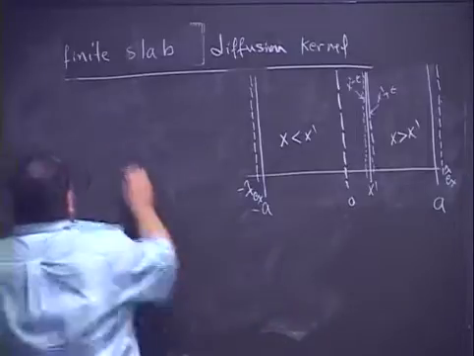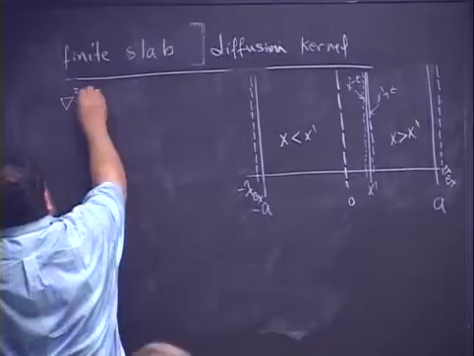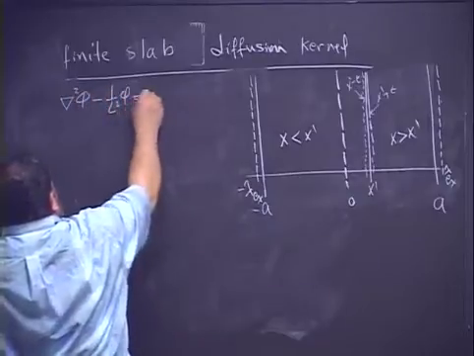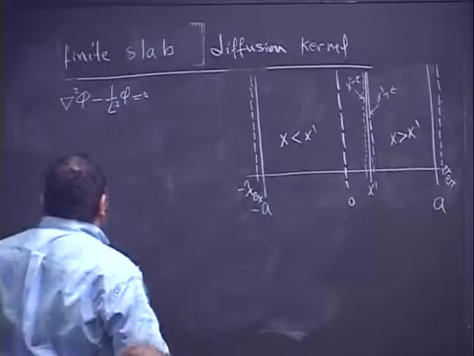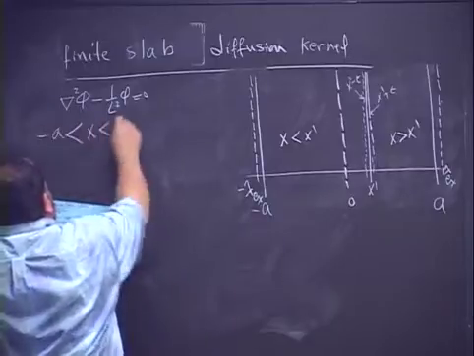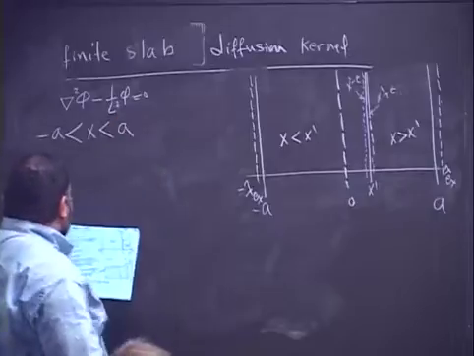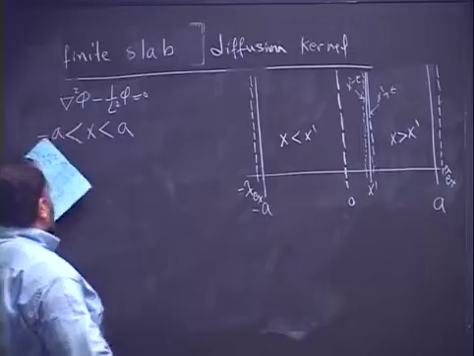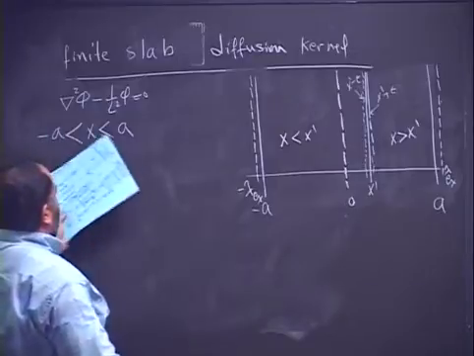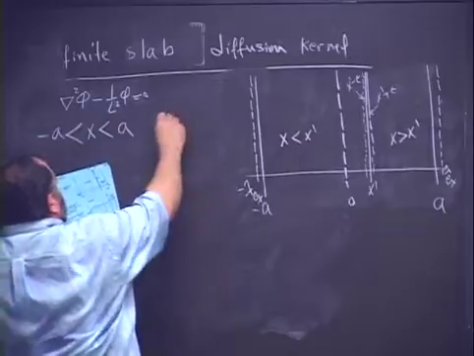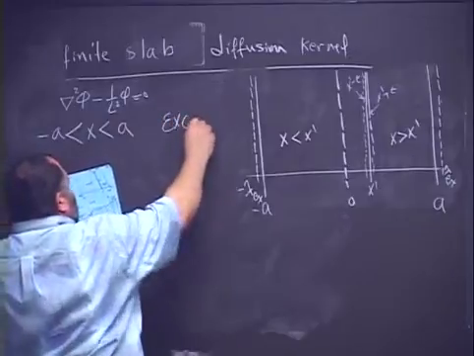And you have the diffusion equation: Laplacian of phi minus 1 over L squared phi equal to 0, and x will go from negative a to plus a. So this equation is valid for x greater than negative a and x less than a, with the exception of what?